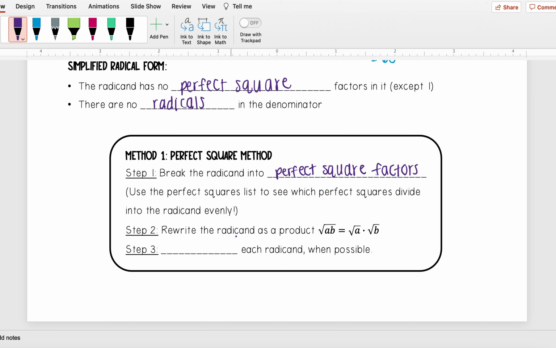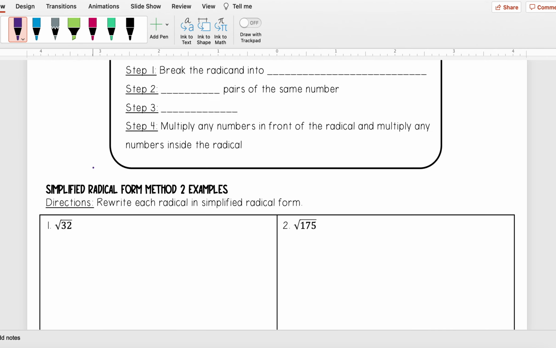And then we're going to rewrite the radicand as a product. So rewrite this AB into this split up of the square root of A times the square root of B. And then step 3 is we'll simplify each radicand when possible. So let's look at some examples.